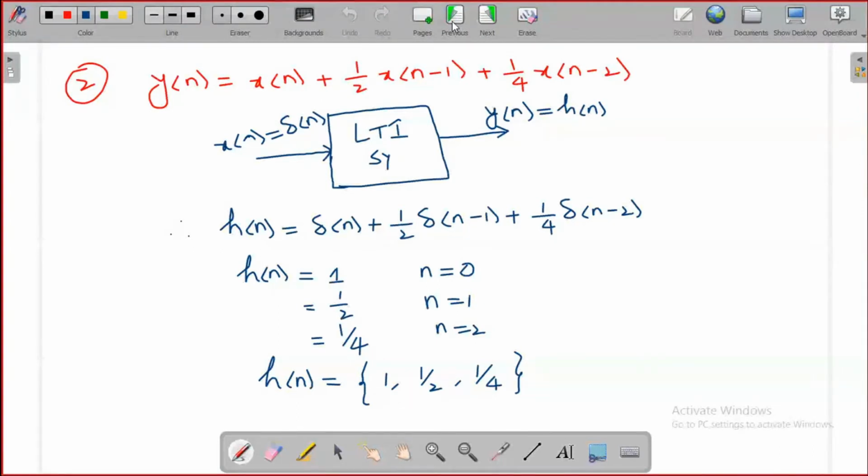If the impulse response is absolutely summable, then the system is stable, otherwise unstable. Okay.